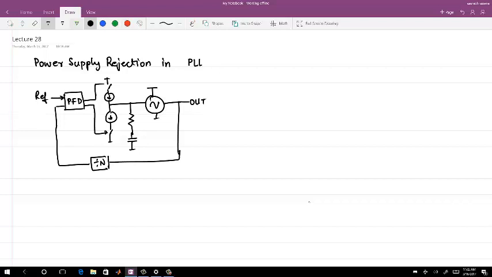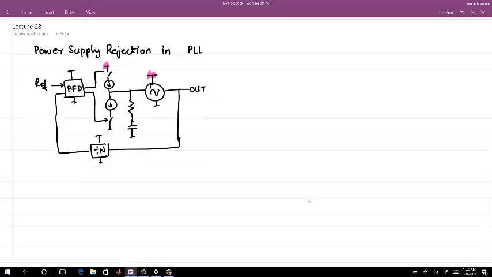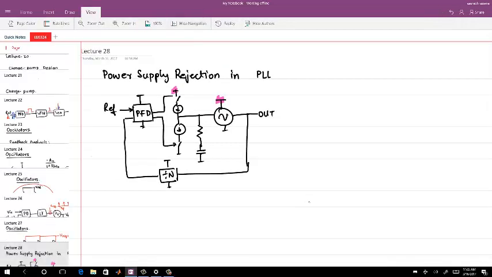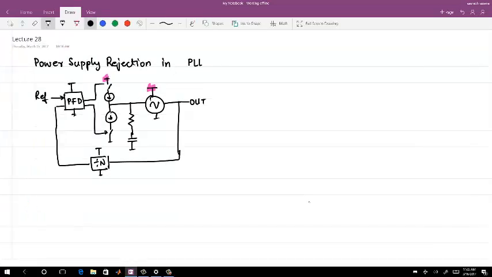We are considering the noise at all these supplies, even all the digital blocks also have some noise on the supply. So we were considering noise at all these supply voltages in the PLL.